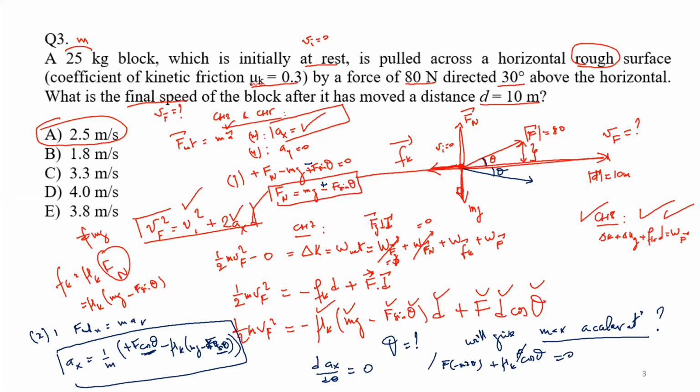Bottom line, F is not 0. That means mu k should be equal to tangent theta. So the angle that will give you maximum acceleration is tan inverse of mu k.